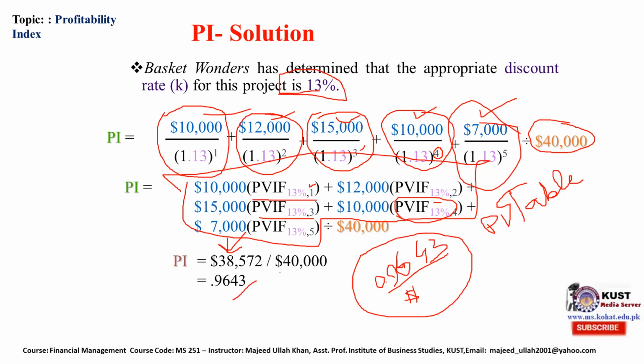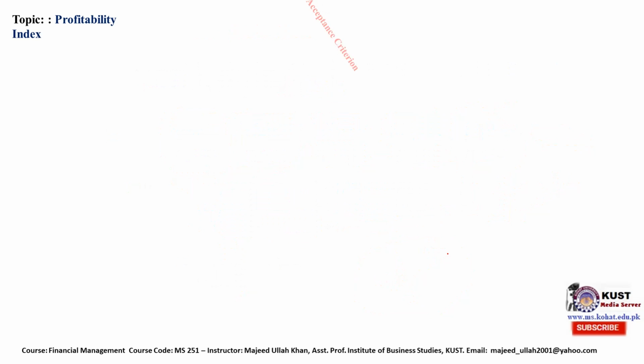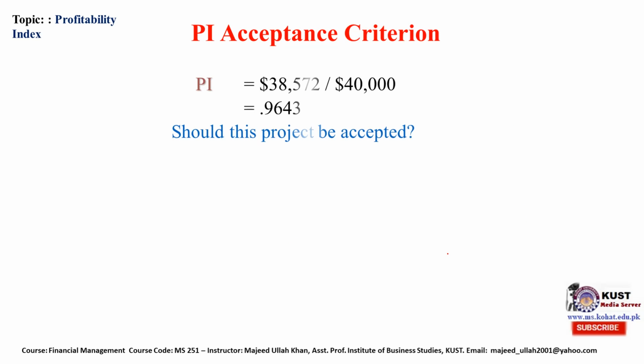So what is the criteria for acceptability? Now the same question: the profitability index is 0.9643. Should this project be accepted or not?